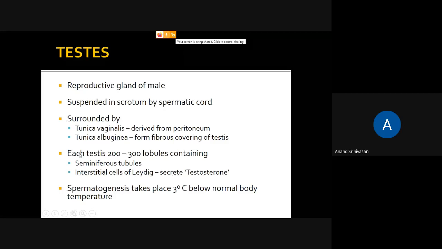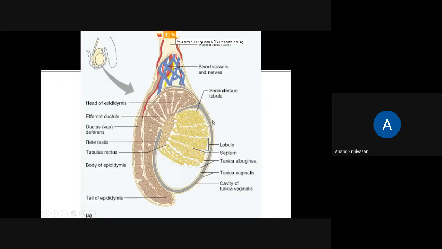Now each testis is divided into 200 to 300 lobules. So there are many lobules, many small compartments.